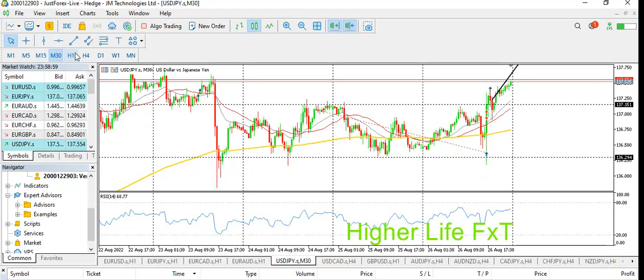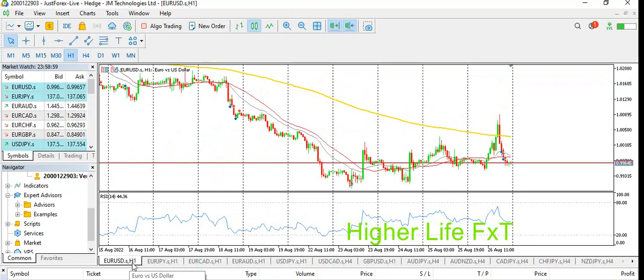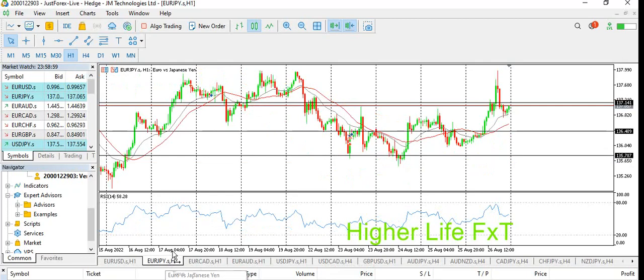So that is why there is no movement at all. It is the weekend. And we are going to make a quick analysis. Let me delete these lines.